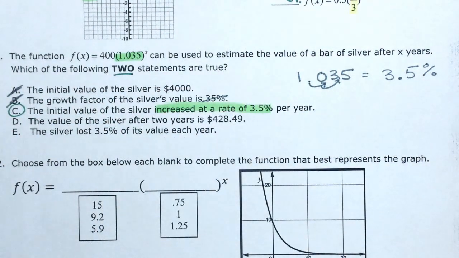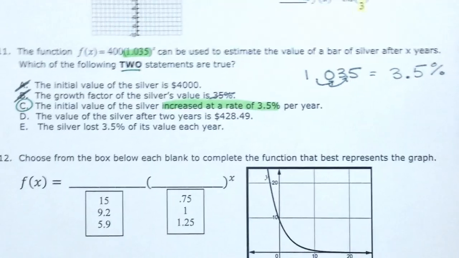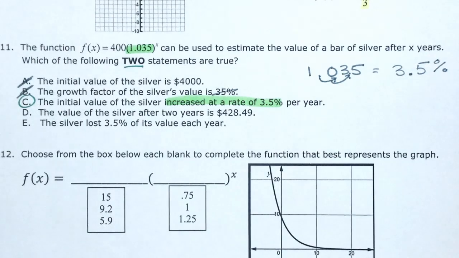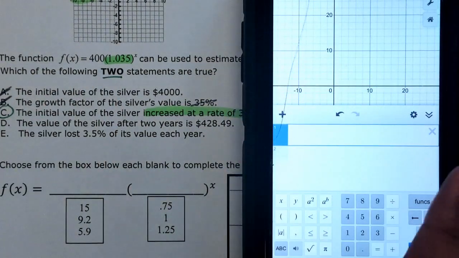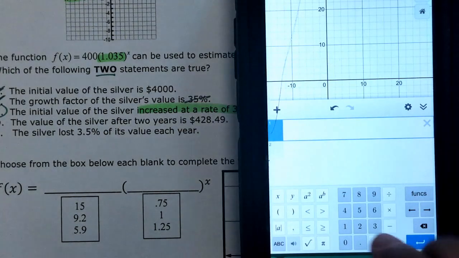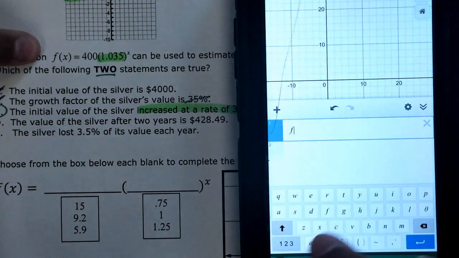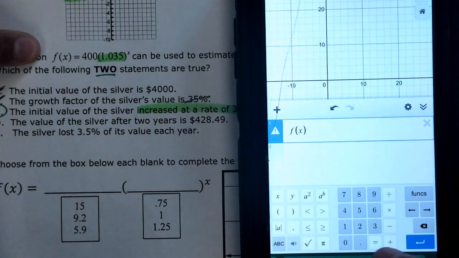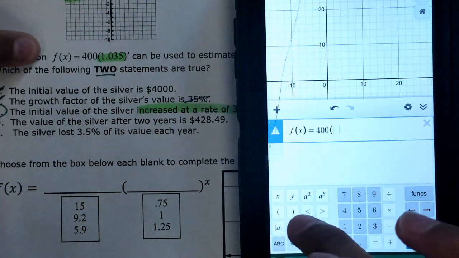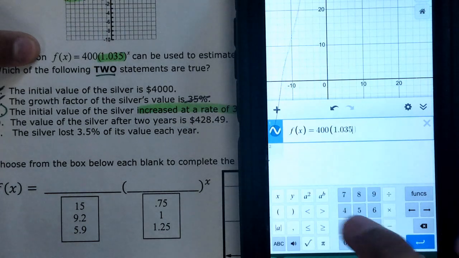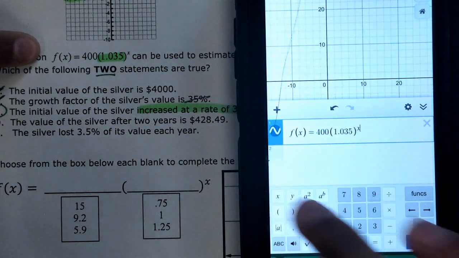D says the value of the silver after 2 years is 428.49 cents. So let's see. We're going to use the function that they give us. You can do this a couple ways. The way I'm going to do it initially is type in the full thing, f of x equals 400 times 1.035 to the power of x.